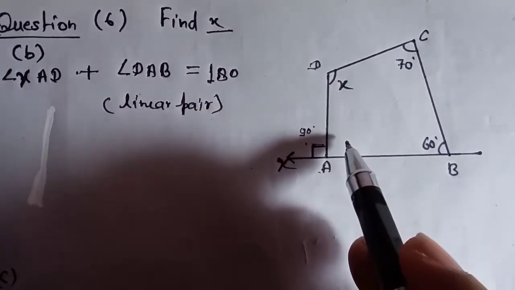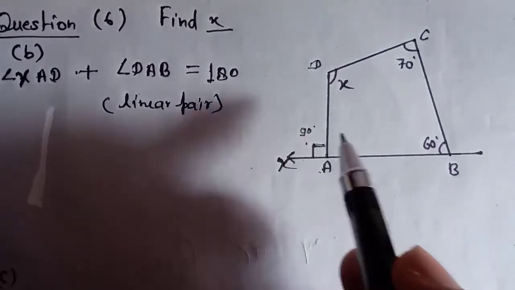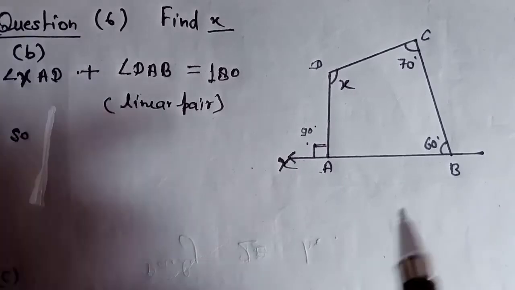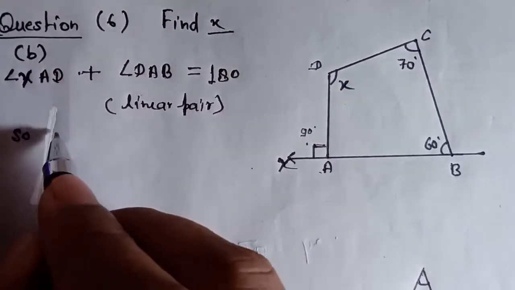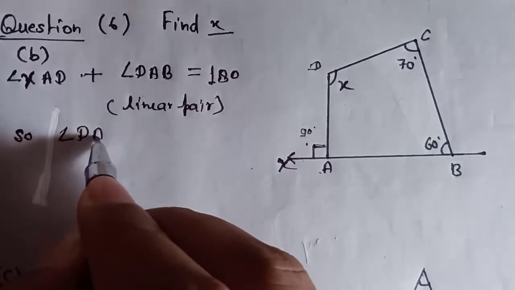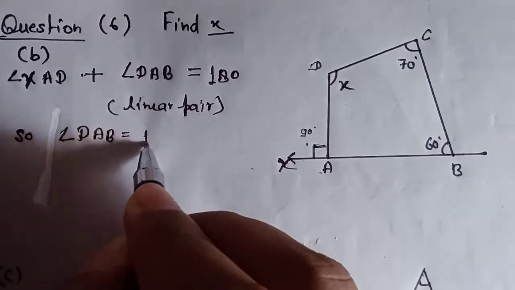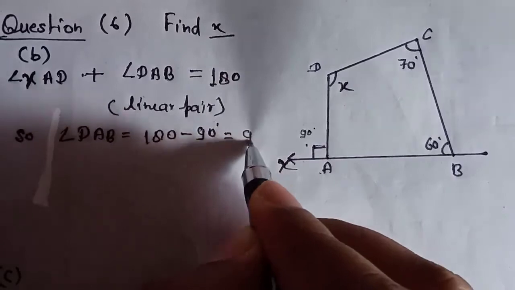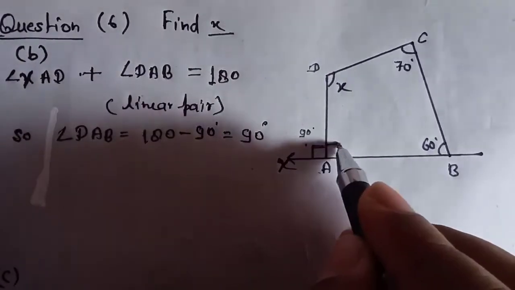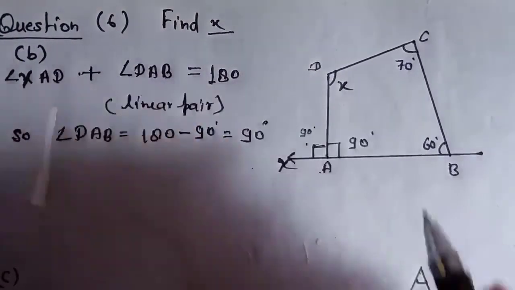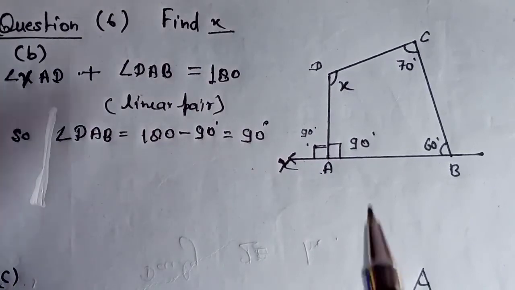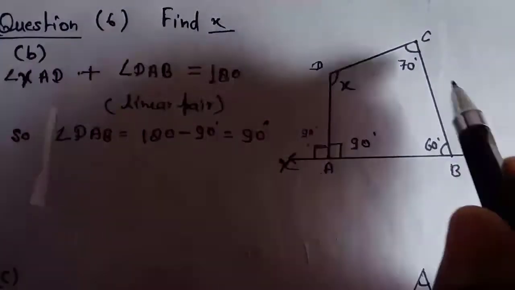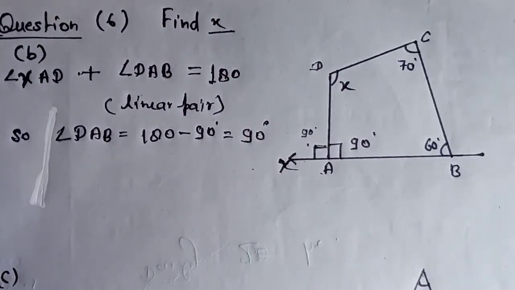If this is 90, then it is also 90. You have to subtract this 90 from 180. So angle DAB is equal to 180 minus 90 degrees, and that gives you 90 degrees. So right here it is also 90 degrees. Now we are asked this angle x. So the sum of all interior angles is 360. We know that.